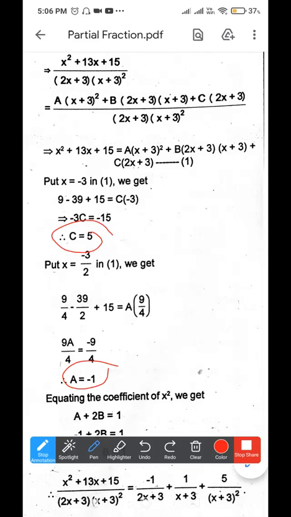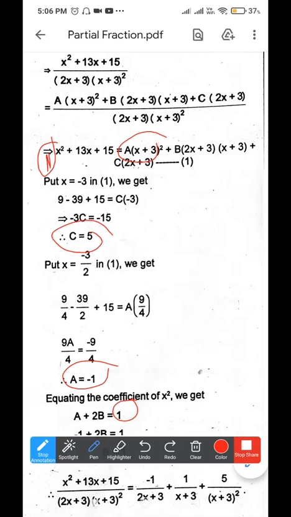Now what we are doing is equating the coefficients of x square. The number before x square, means before x square nothing is there, so it's 1. So 1 is equal. Now if I open this, x plus 3 whole square gives x square plus 6x plus 9, right?